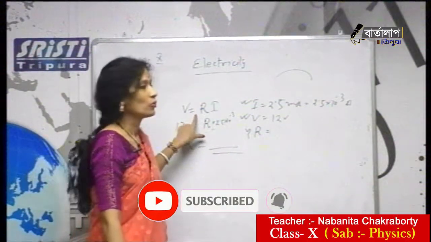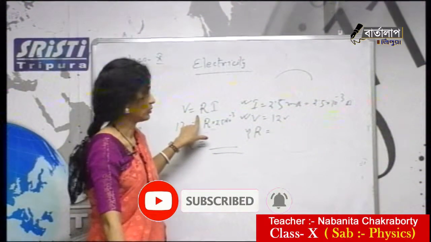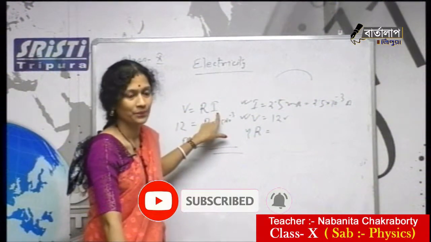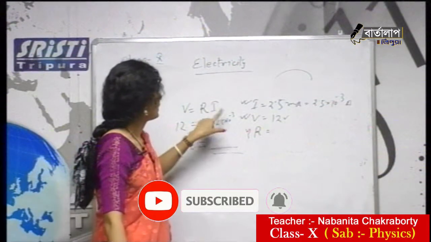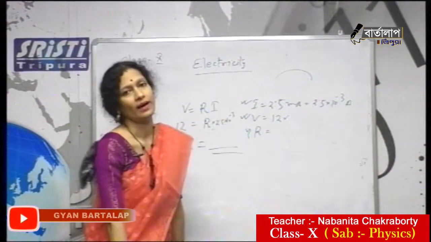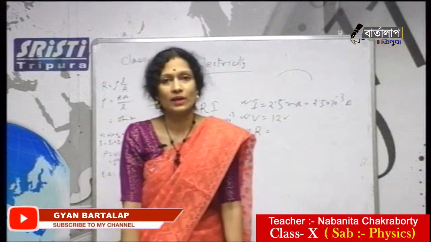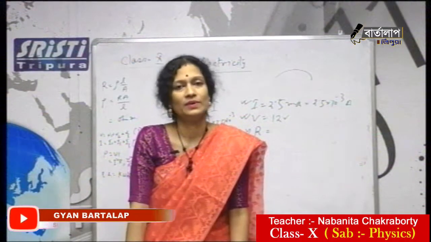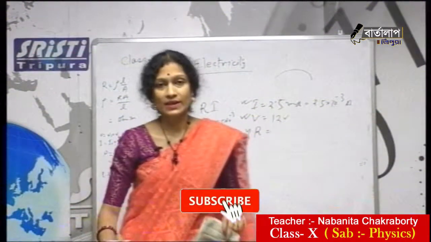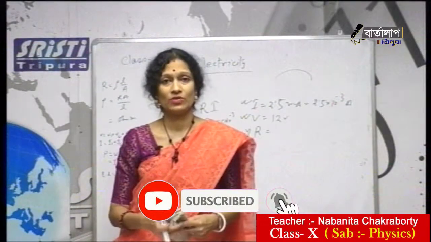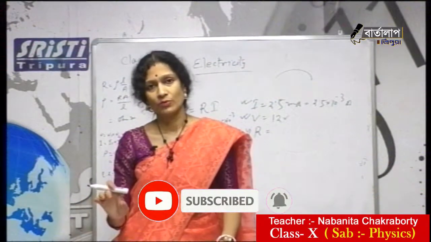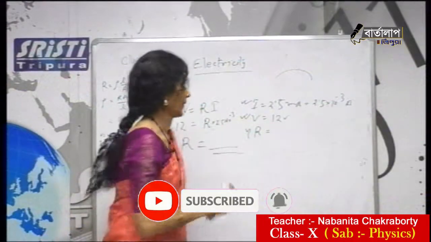That means from Ohm's law you can write V equals RI. So you put the values of V and I and find R. In that way you can calculate different numerical examples related to every topic. Actually, I am explaining all the topics with numericals.